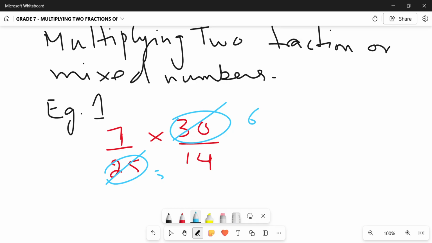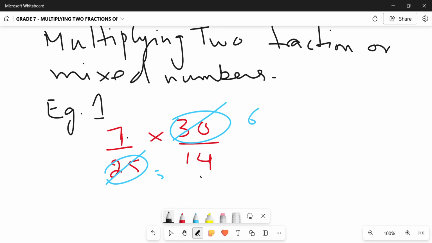So I have two ways to simplify these fractions. The first one is I can take numbers 7 and 14, right? I can take 6 and 14 as well. If you take 6 and 14, we can simplify by the 2 times table. Or if I take 7 and 14, I can simplify by the 7 times table.